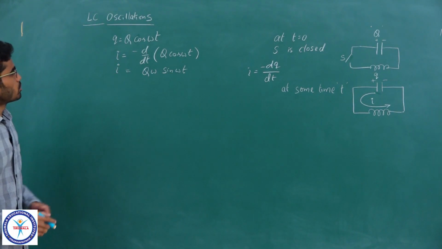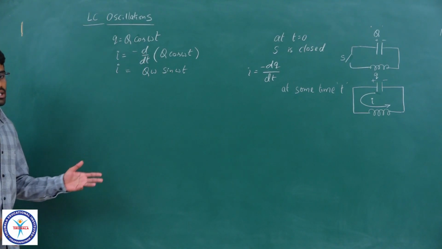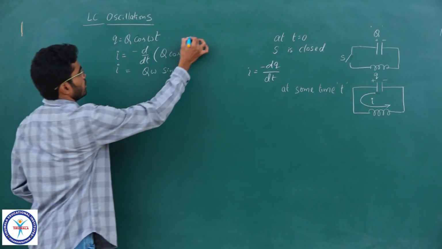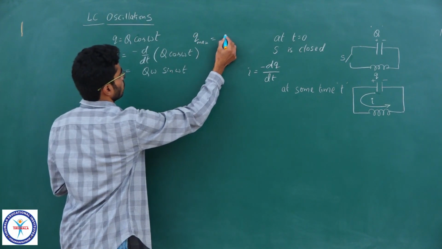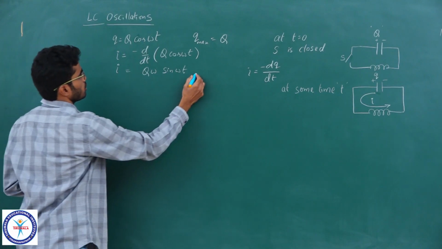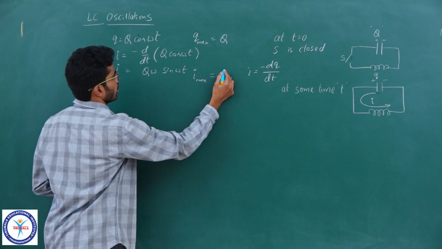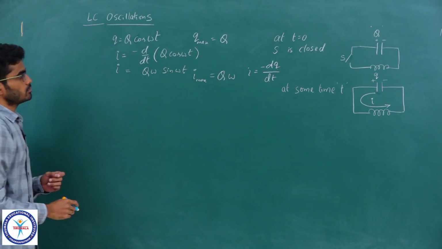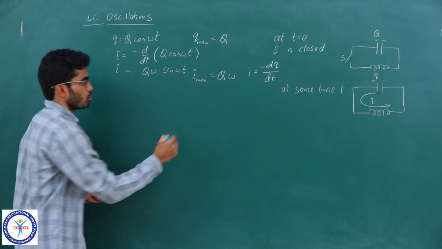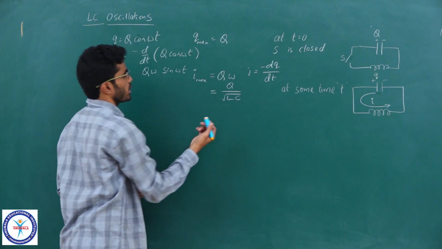So from these two equations, you can see that both are sinusoidal functions, they are oscillating, and the maximum value of q is capital Q, and the maximum value for current is Q omega. We know the value of omega, so we can write it this way also, Q by root LC, because omega is 1 by root LC.